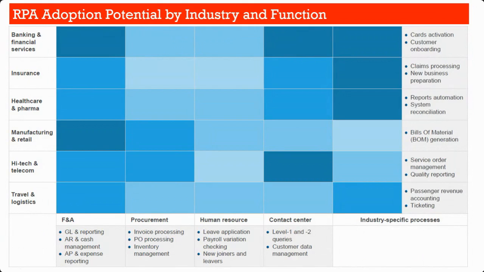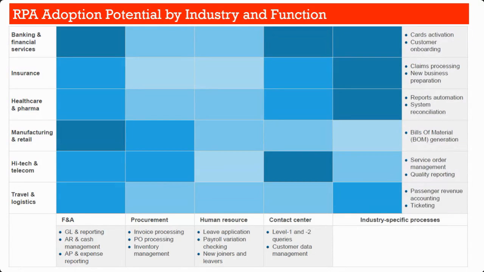Customer onboarding is not specific to them, but their way of doing it is different from other verticals. Similarly, insurance has claim processing. In healthcare, report automation and system reconciliations. In manufacturing, bills of material generation. So these are processes specific to those verticals, and at the bottom we have some common processes across all of these verticals.